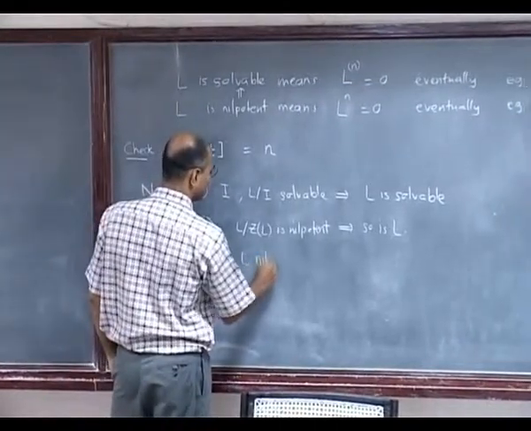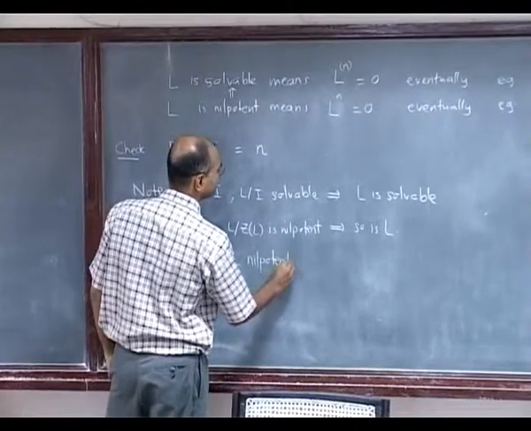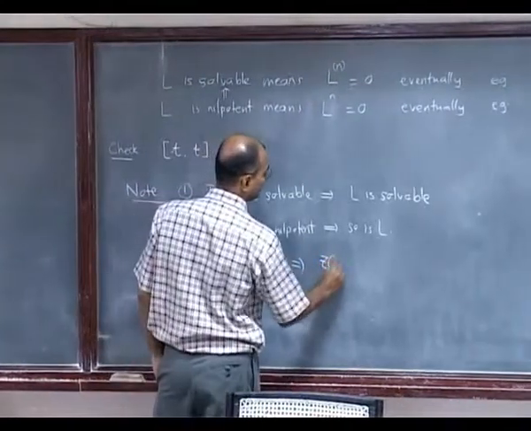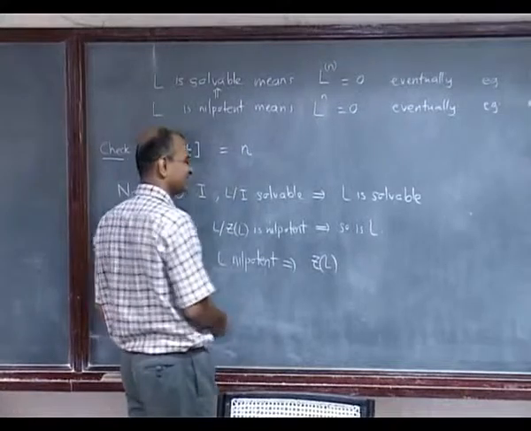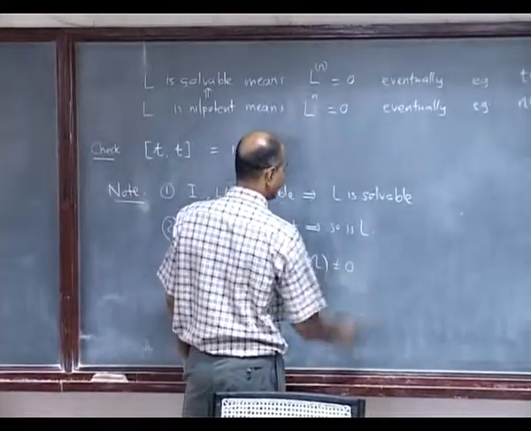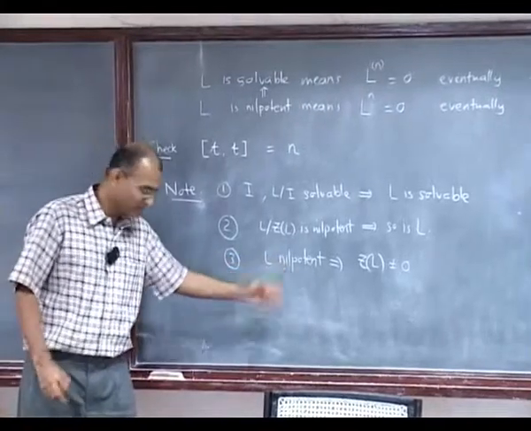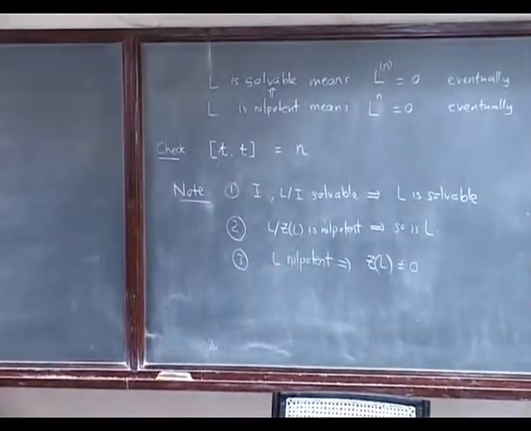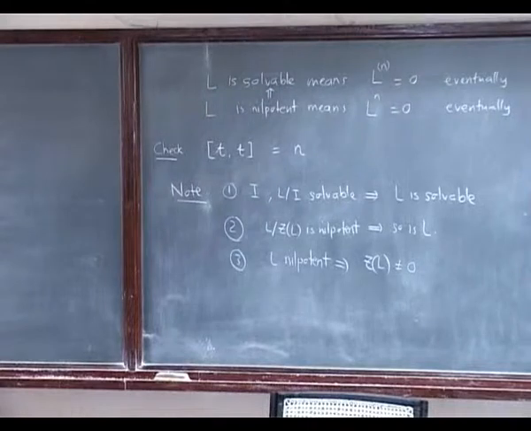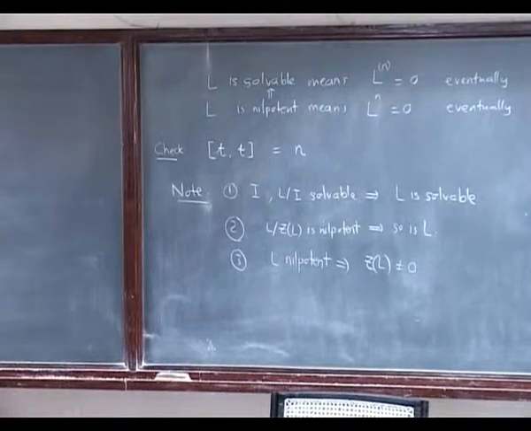Similarly, L is nilpotent implies, just using the same thing, I should say this is non-zero etc. So if you have a nilpotent Lie algebra, then its center is, well, where do you look for this center?